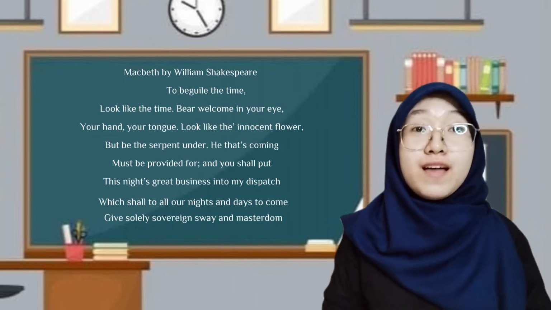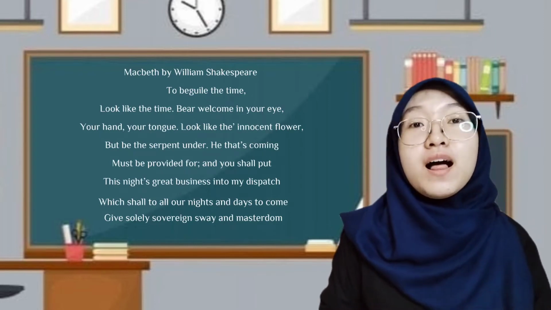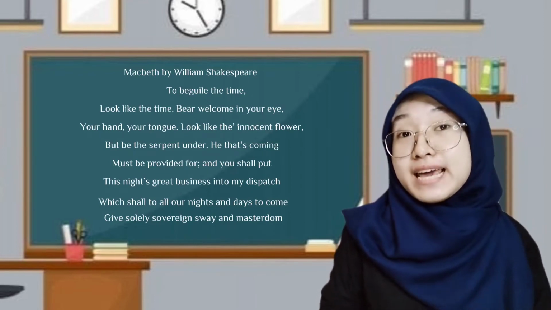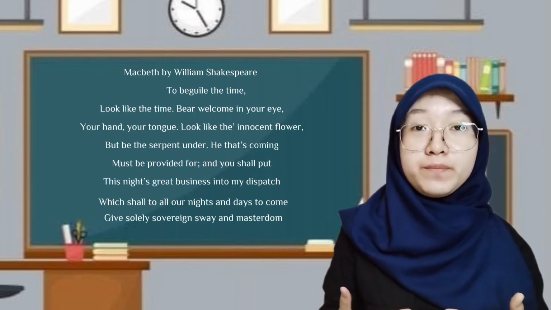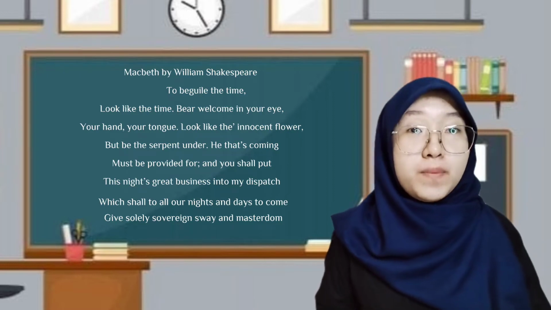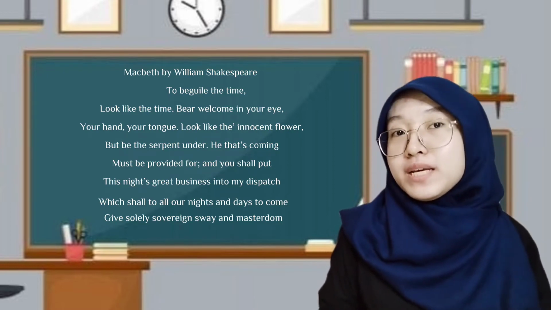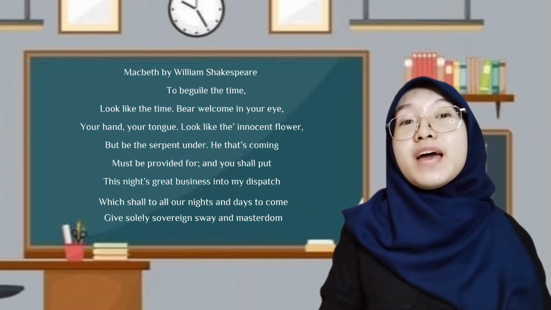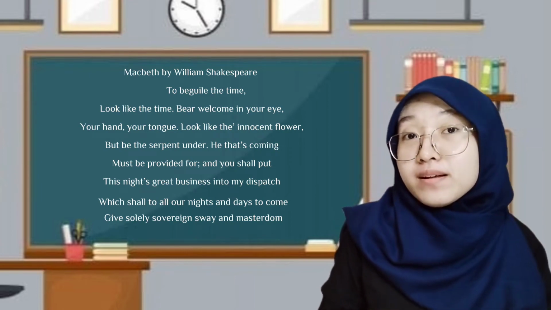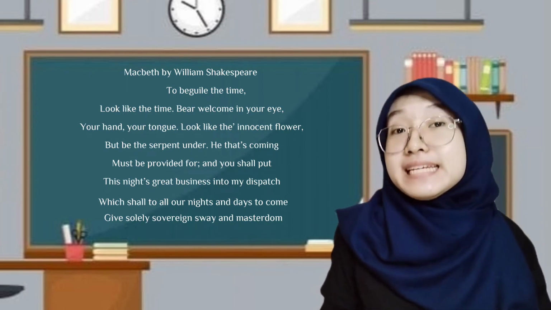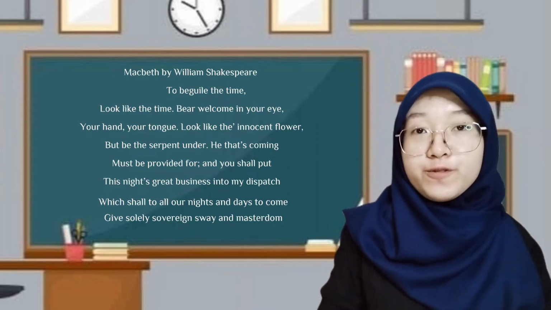On the fifth line of this excerpt, Lady Macbeth says that King Duncan must be "provided for." This is a roundabout, euphemistic way of saying that he needs to be murdered. It is similar to saying that he needs to be taken care of.